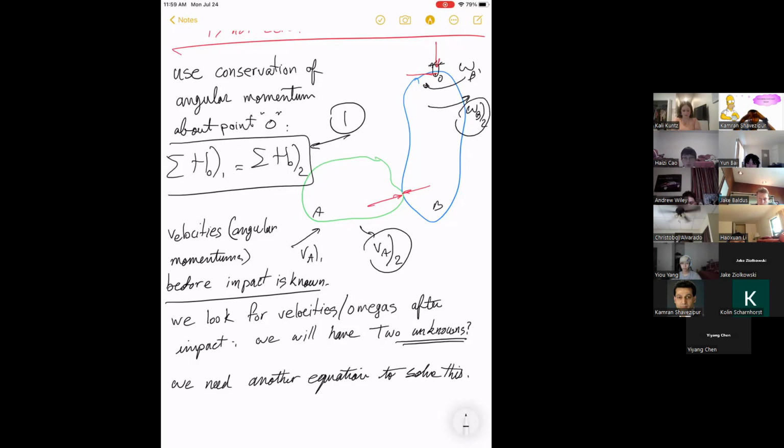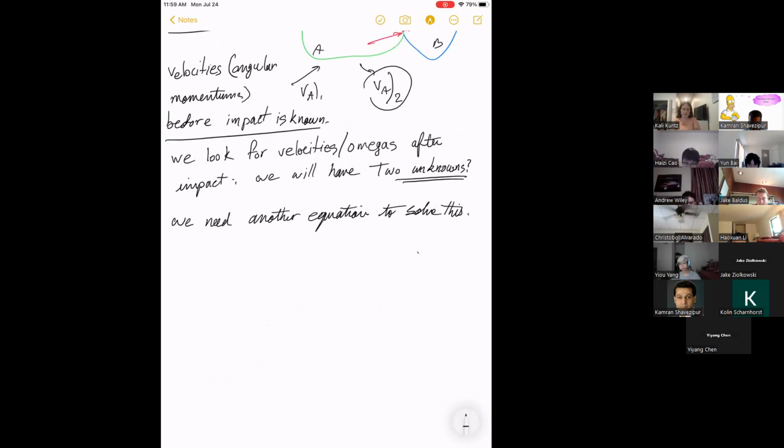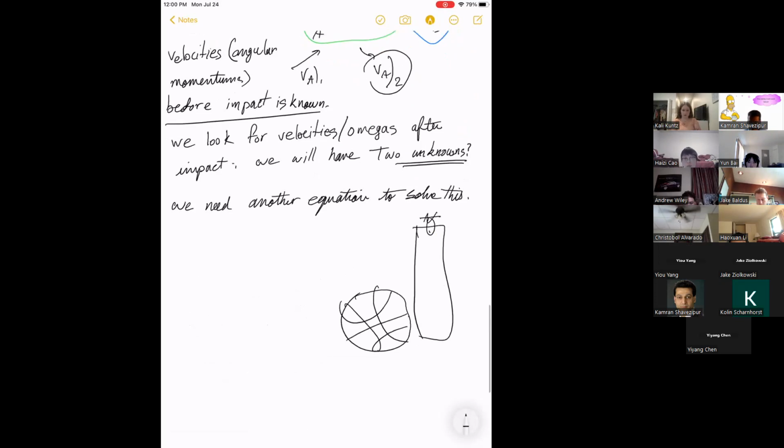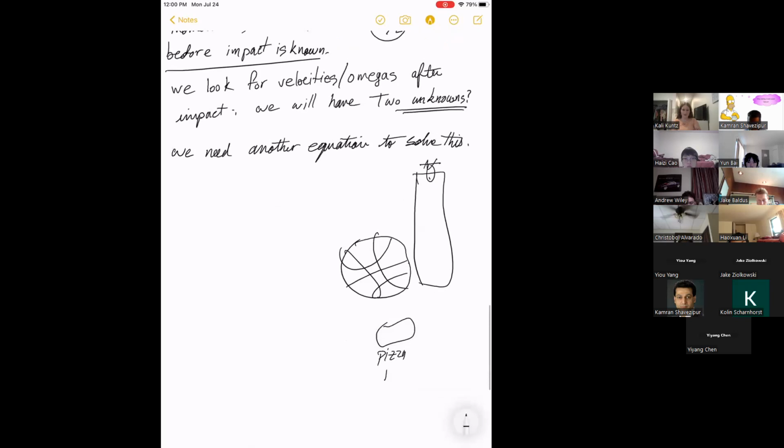It depends on the two materials hitting each other. For example, if this is a rigid plate hanging here, you can hit it with a basketball, or you can hit it with pizza dough, or whatever is soft. If you hit it with pizza dough, what happens? Let's say these two have the same mass.